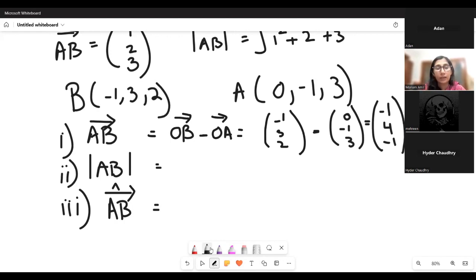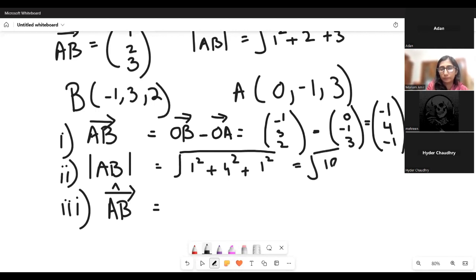That's AB. In part 2, you have to find the magnitude of AB. So that's going to be the square root of 1 squared plus 4 squared plus (-1) whole squared, which is 1 squared. So that's square root of 18.